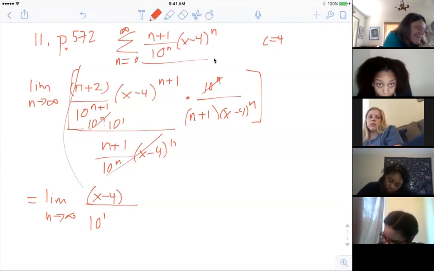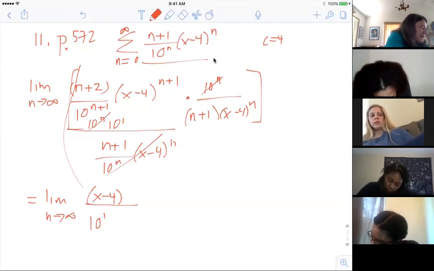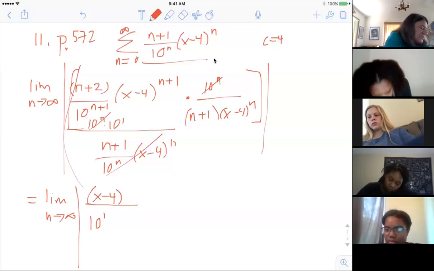Okay. I'm going to recant: I do need the absolute value in the end to find the convergence, so I'm going to put that there. Finally, what's left is n plus 2 over n plus 1.